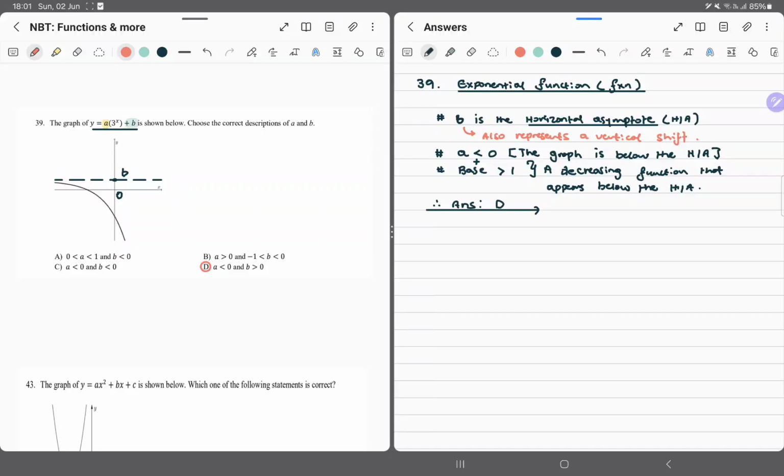Alright guys, so it helps a lot to know a few things so that one can essentially master these. So we see this is a decreasing function. And remember, for one to read whether a function is decreasing or increasing, one must read from left to right.